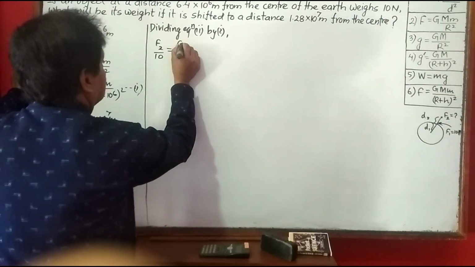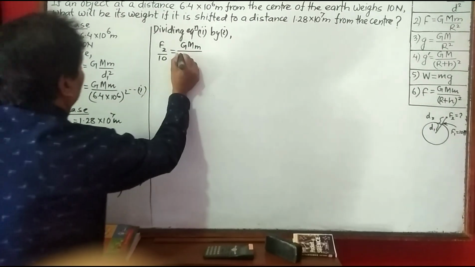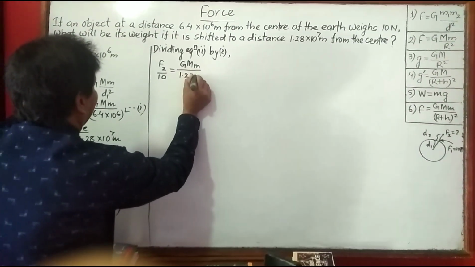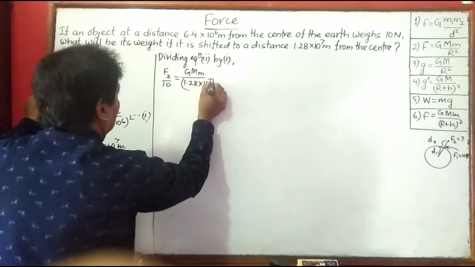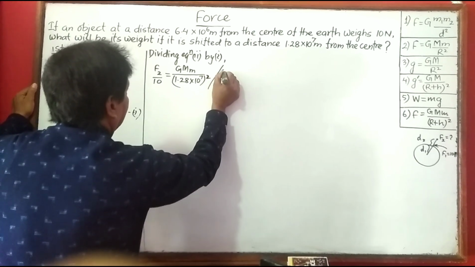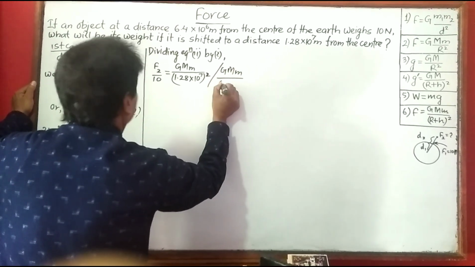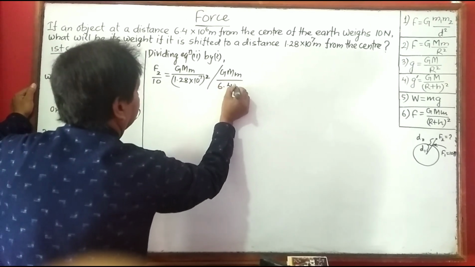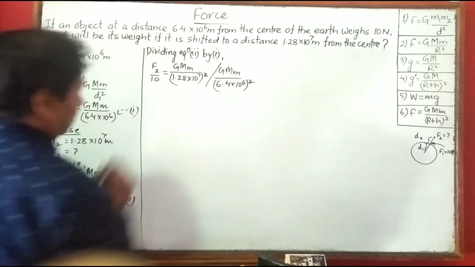In the same way, the right hand side: G, capital M, small m by (1.28 × 10^7) whole square is divided by G, capital M, small m by (6.4 × 10^6) whole square.